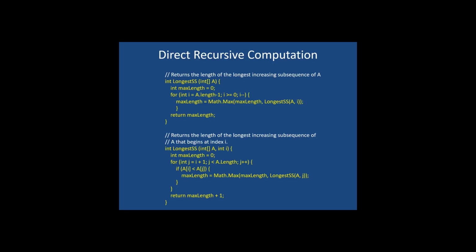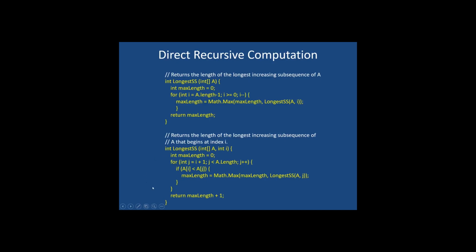Let's focus on this one. This is what solves our subproblem. So longest subsequence, given an array and an index i. This method here finds the length of the longest increasing subsequence that starts at index i.